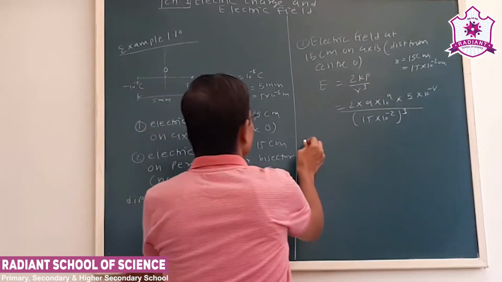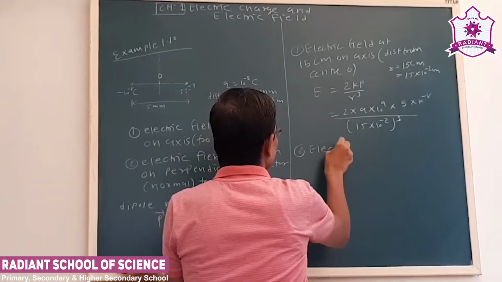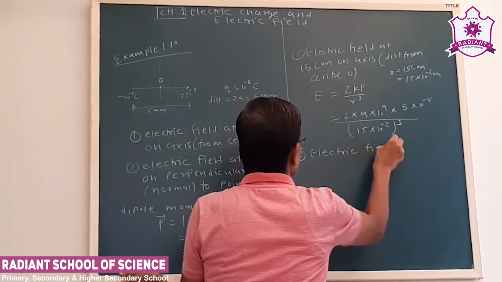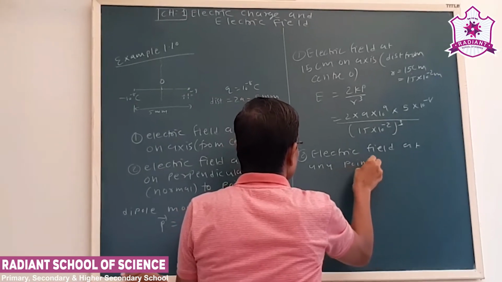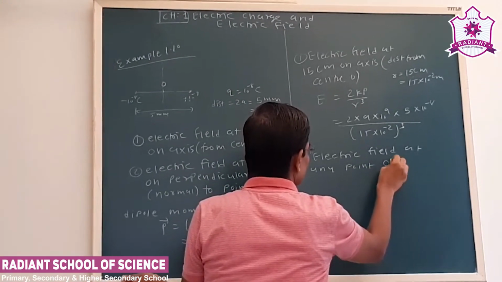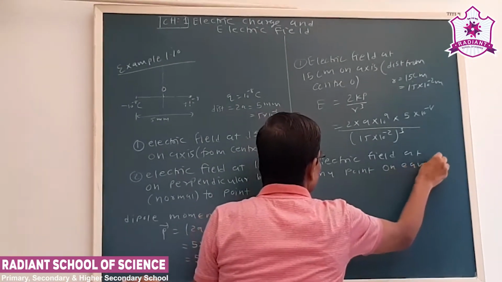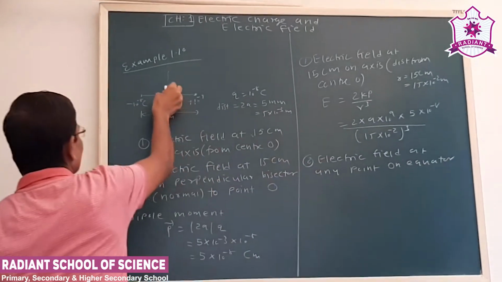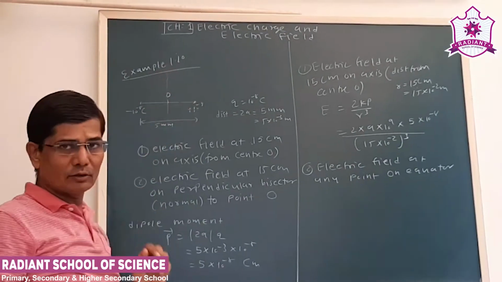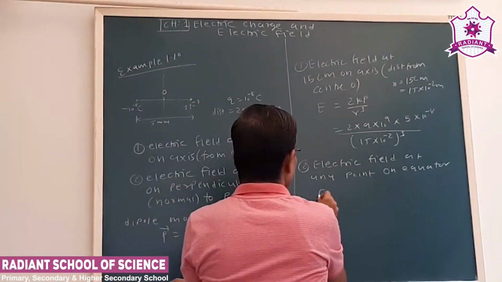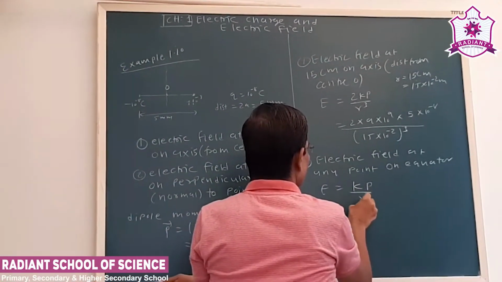Now secondly, electric field at any point on the equator. Now the equator we know is a perpendicular bisector. See, that will be a line normal to point O. Okay, E is equal to kp upon r cube.